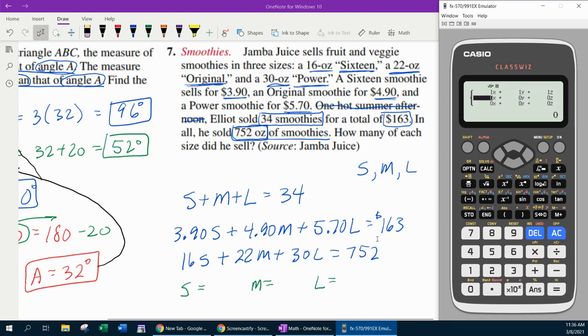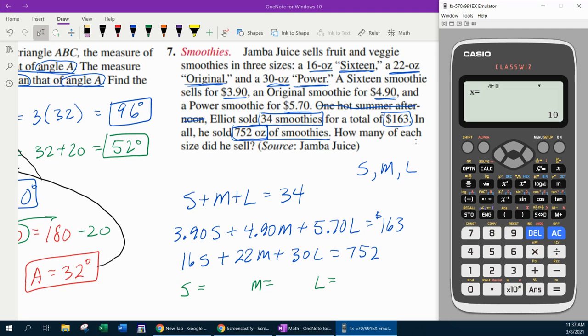Now, the coefficients for the middle equation are decimals, and that's fine. 3.90, 4.90, 5.70, and 163. And for the last equation, 16, 22, 30, 752. And if I didn't make a mistake, when I hit equals, bam.